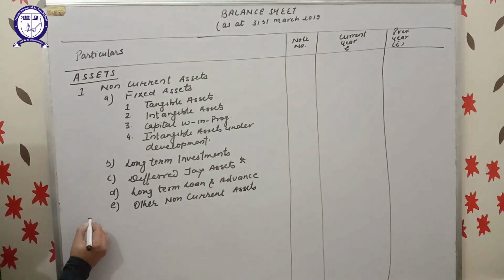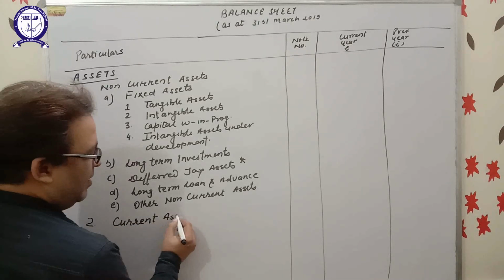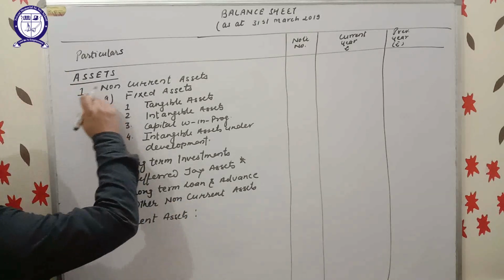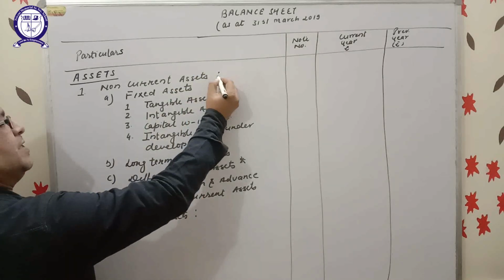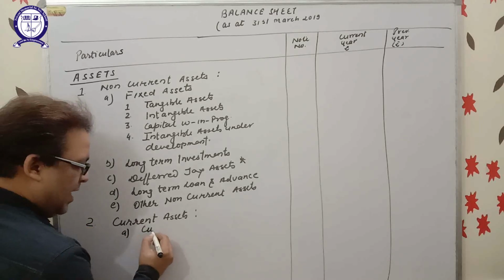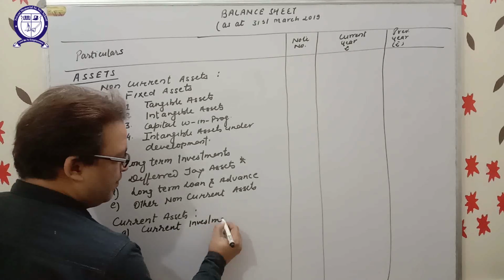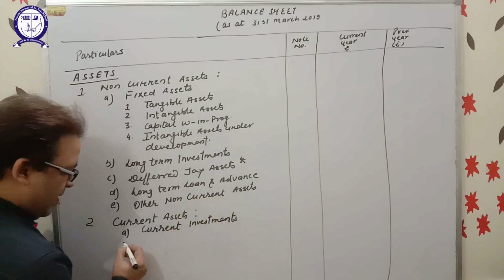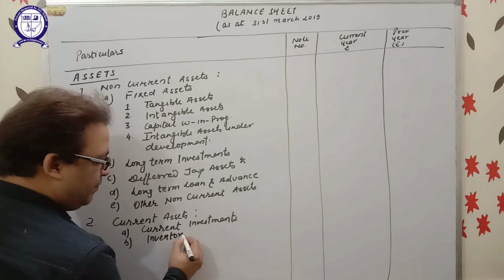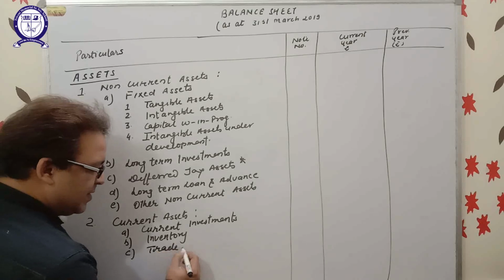Now, second heading, current assets. Only two headings are there on the asset side, non-current assets and current assets. So, current assets, number 1, current investment. Number 2, inventory. Number 3, trade receivables.